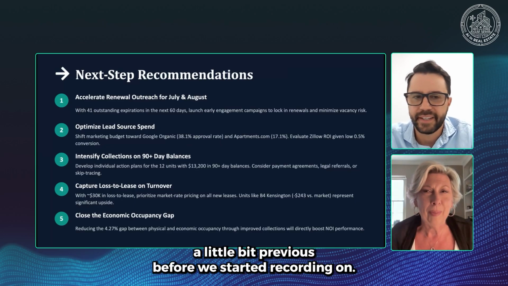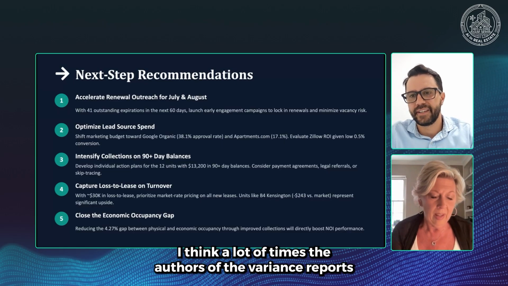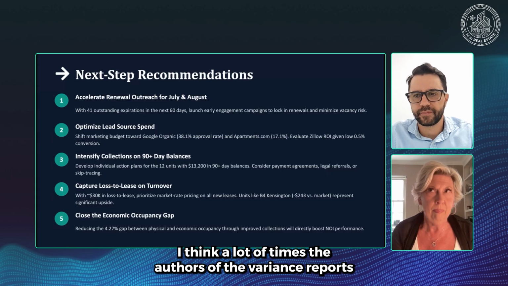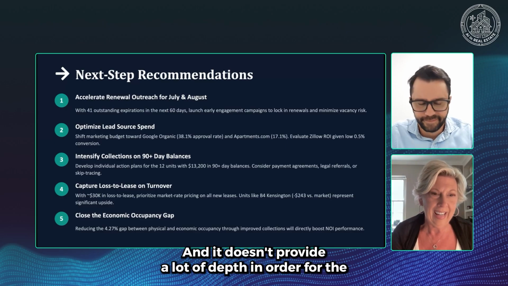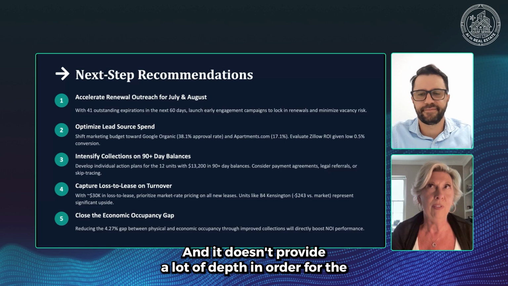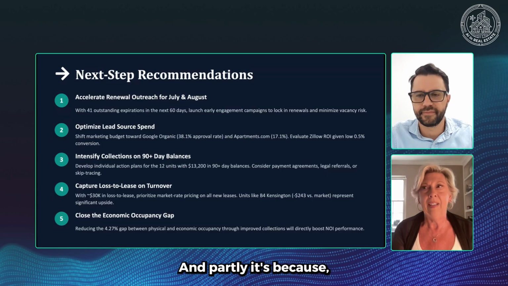We were talking a little bit before we started recording that I think a lot of times the authors of the variance reports say the same things over and over again, right? And it doesn't provide a lot of depth for the asset manager to understand what the true problem is.